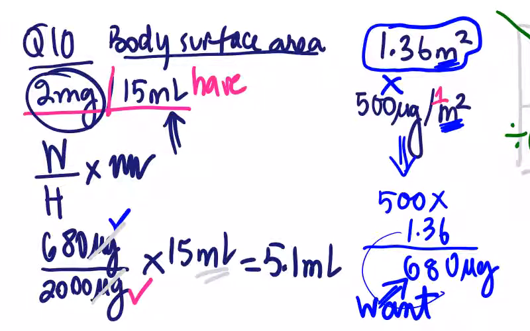So this is the volume the patient will need. And I'm now reading the question again. I see that they are asking for the milligrams. So actually, I didn't answer that part. I'll go and answer the second part first. The volume the patient will need of this drug is 5.1 mils.